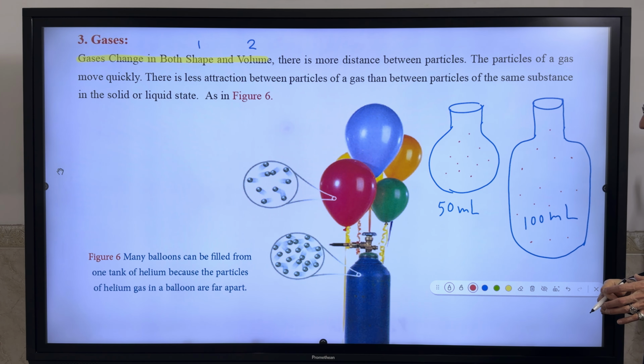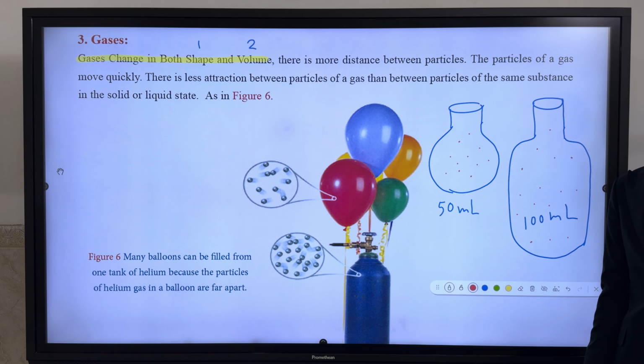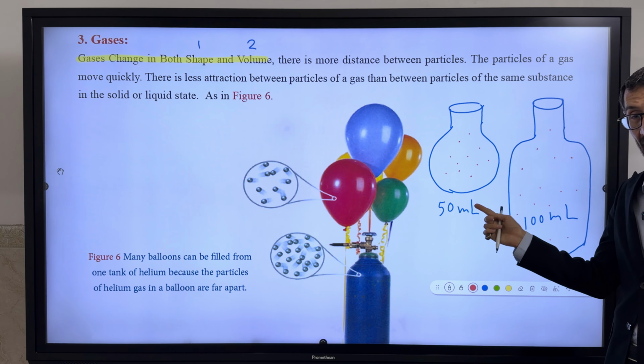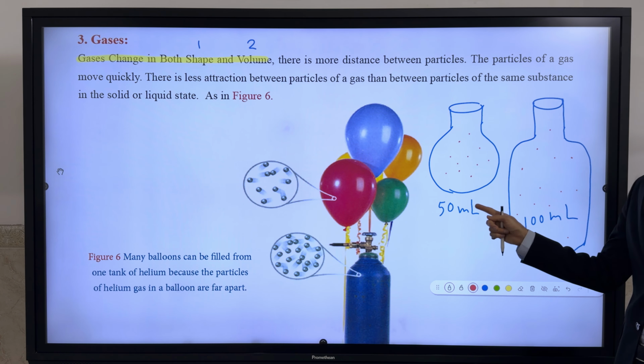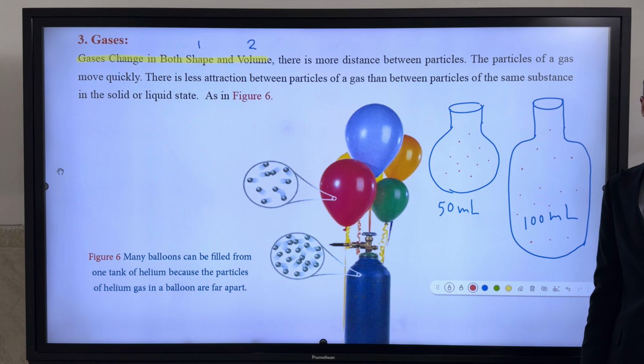I can fill the first one with 100 milliliters. So what do I mean by this? The volume of the first tank is 50 milliliters, but you can fill it with 100 milliliters. How is it possible?